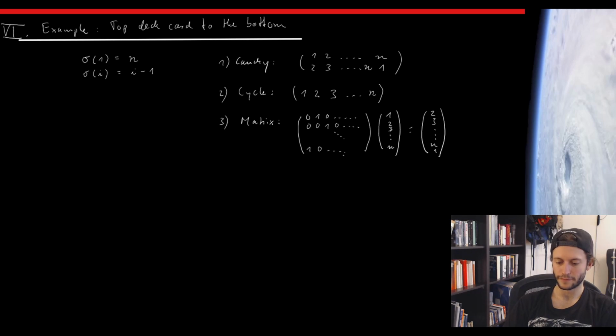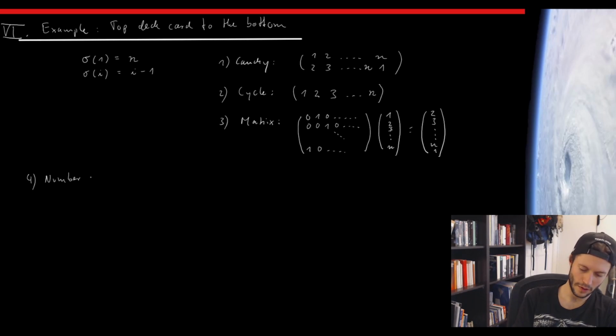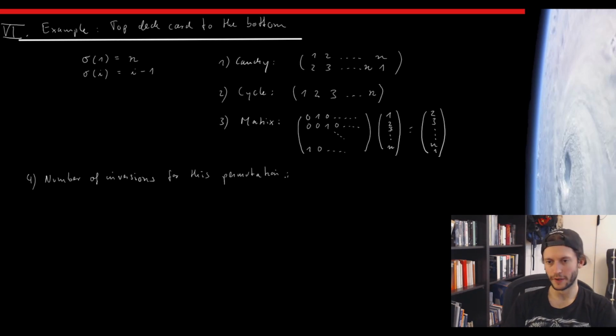All right. We wanted to ask the number of inversions for this permutation. Here we remember that an inversion was a pair of values i and j where the images of them are in reversed order.